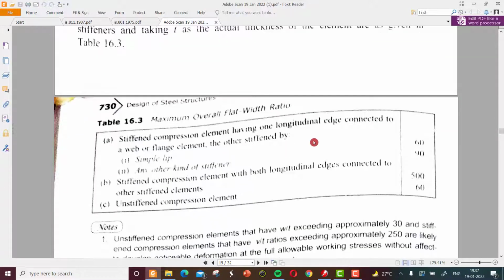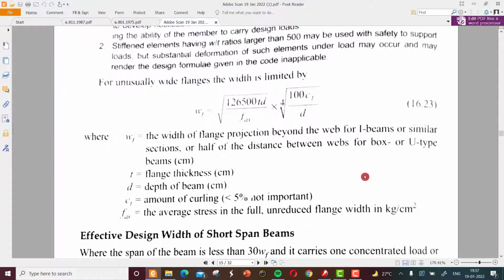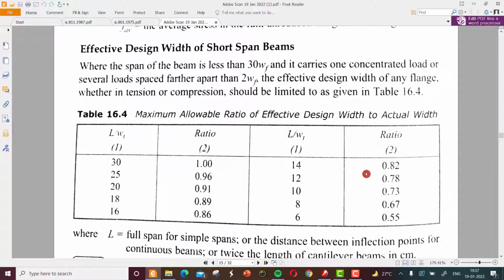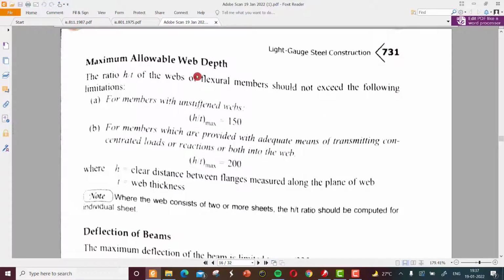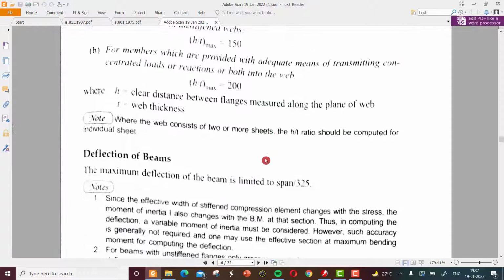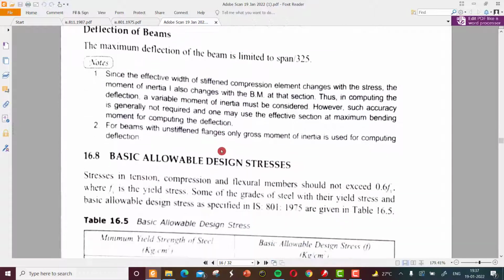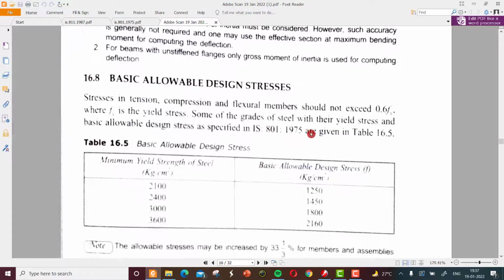Maximum allowable flat width ratio, they are the constant values which you have seen in the code also. And effective design width for short span beams. Maximum allowable web depth, we have seen that in the code, 150, 200. Deflection of the beams, deflection maximum is actually span by 325.